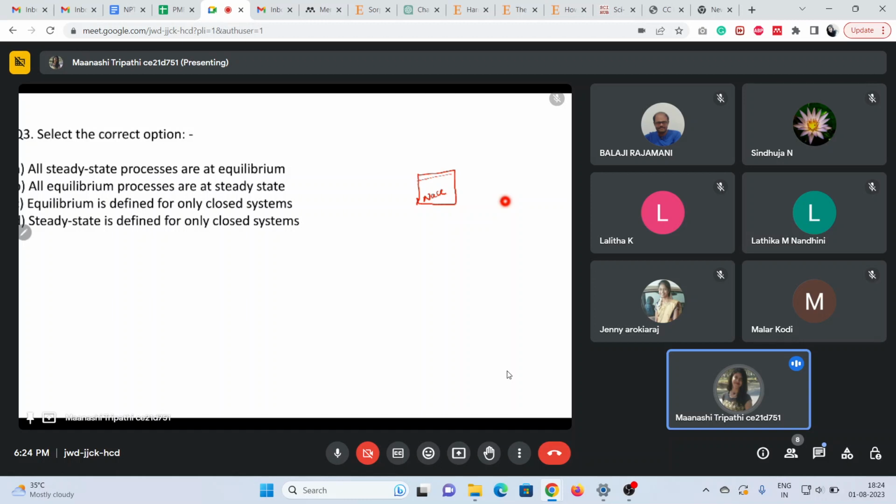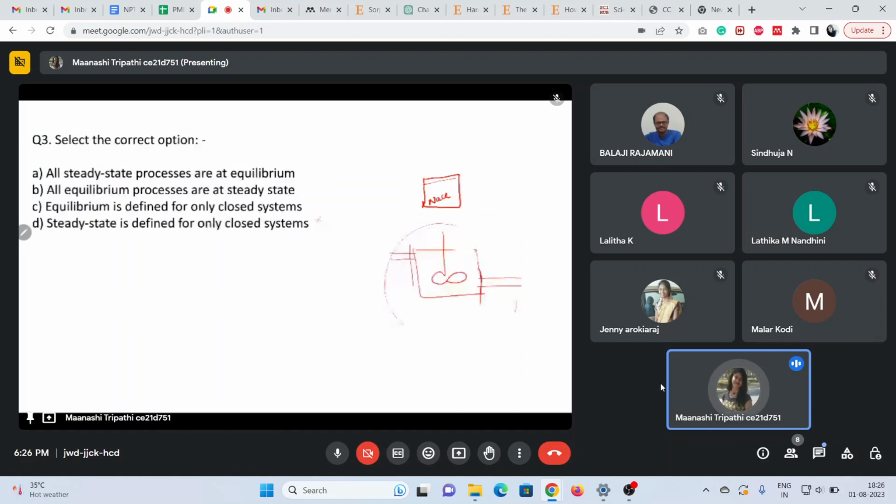What is steady state? Steady state simply means the parameter is not changing with time, and equilibrium is only applicable for a closed system. While giving this example, he told us we can check by cutting out the inflow and outflow. If still after some time there is no change in any parameter like concentration, pH or anything, then only it can be considered an equilibrium condition.